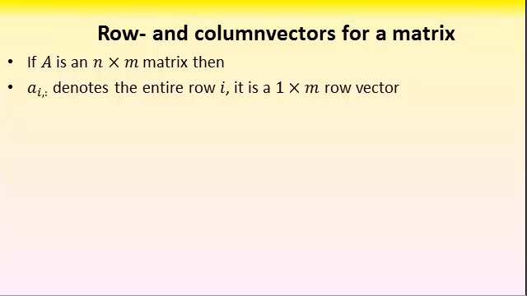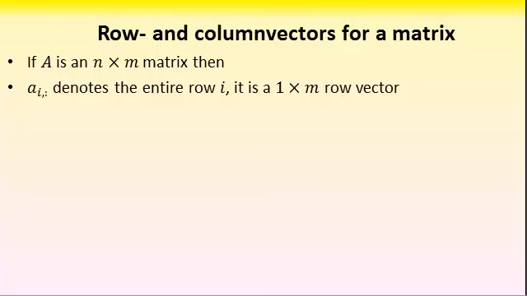That means that Ai, comma, colon must be a row vector. It has a single row, namely row i of A. It will have the same number of columns as A because I pick out all the columns, and it means that Ai, comma, colon must be a 1 by m row vector.